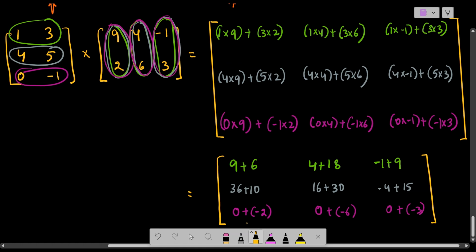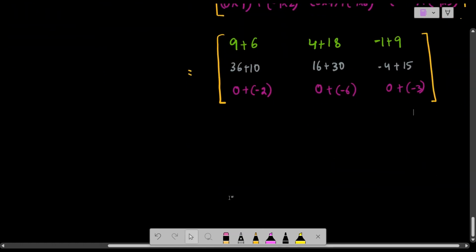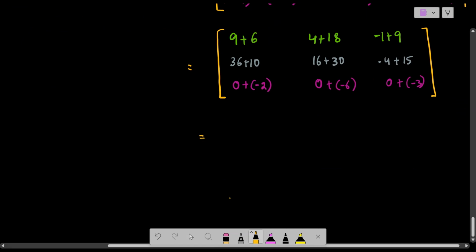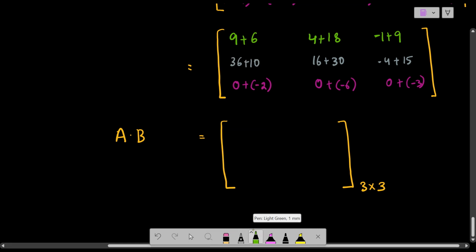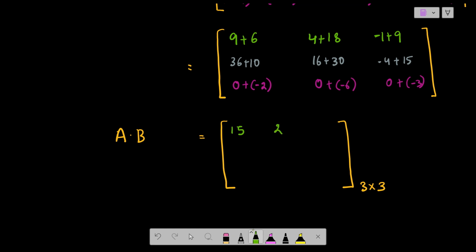So what is the final answer, students? Just solve this. You will get a 3 by 3 matrix. So A into B will be equal to, okay, you will get a 3 by 3 matrix. Okay. And its elements are 9 plus 6, 15, 18 plus 4, 22, minus 1 plus 9 plus 8.